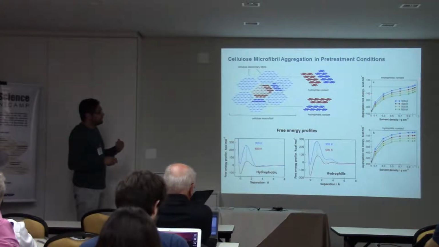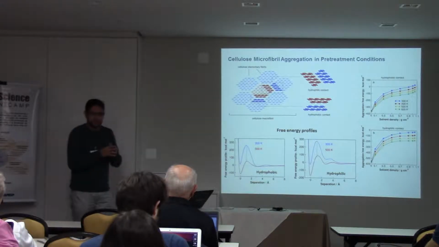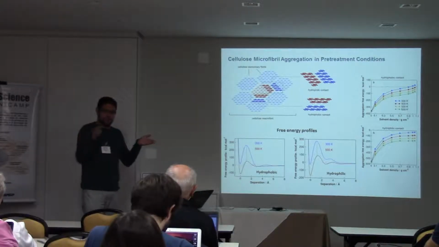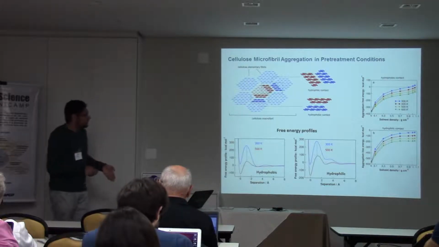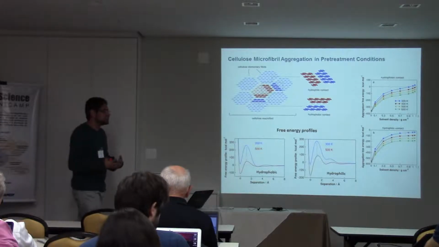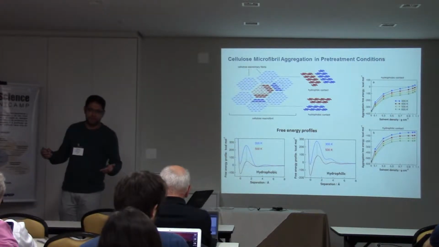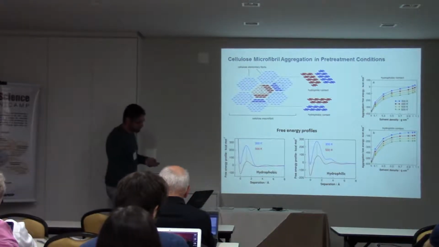For example, at 200 kelvins, the free energy of aggregation goes above zero, which means that cellulose doesn't aggregate through the hydrophobic surface in room conditions, but it can aggregate in room conditions through the hydrophilic surface. But when you increase the temperature, everything aggregates, even the hydrophobic contact.